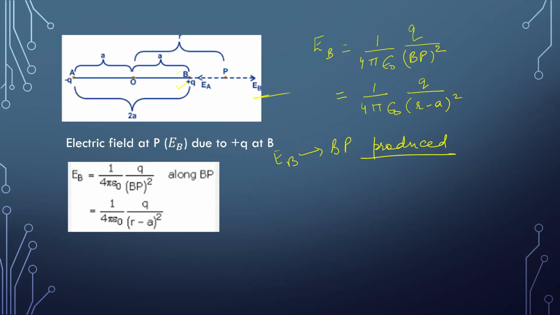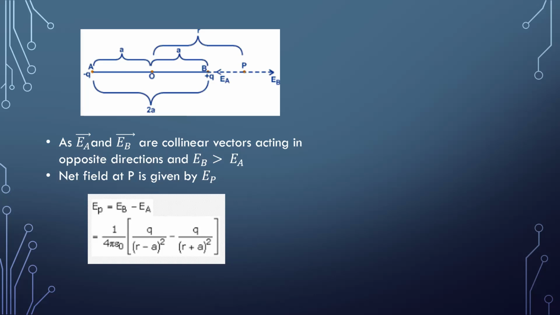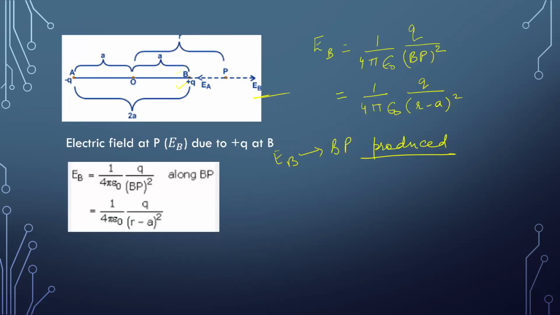Now, these two fields, EA is along PA and EB is along BP produced. These two fields, EA vector and EB vector, are collinear vectors, and they are acting in the opposite directions.